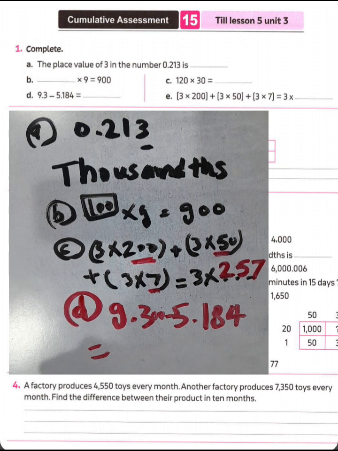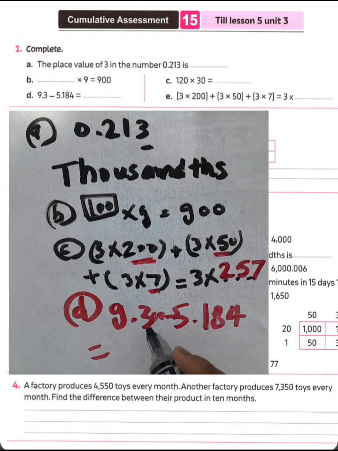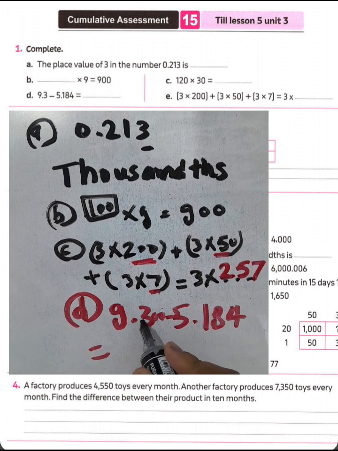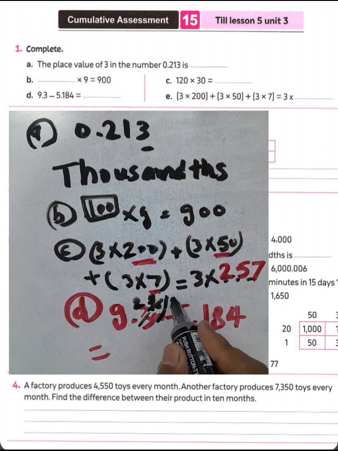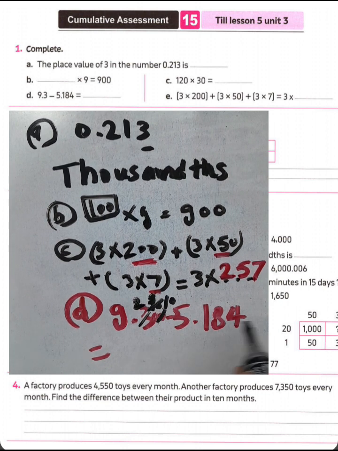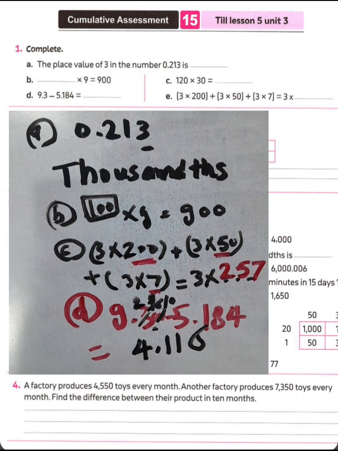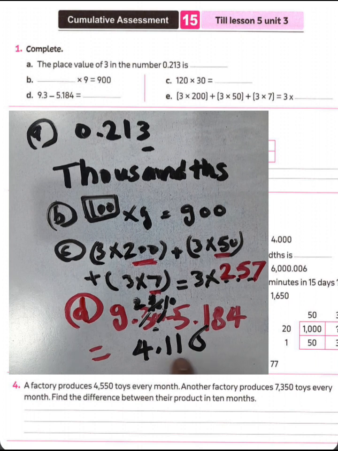Then you can find the result by borrowing 1 from the left. 3 will be 2 and 0 will be 10. Borrow 1 from 10, it will be 9 and 0 will be 10. 10 minus 4 equals 6. 9 minus 8 equals 1. 2 minus 1 equals 1. 9 minus 5 equals 4. The result will be 4 and 116 thousandths.